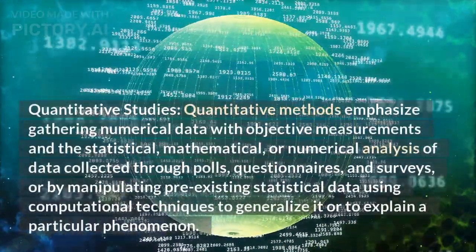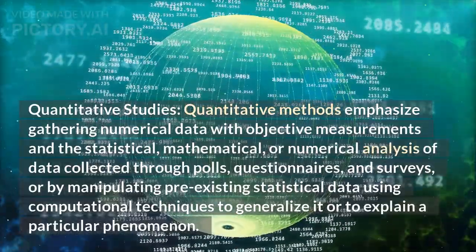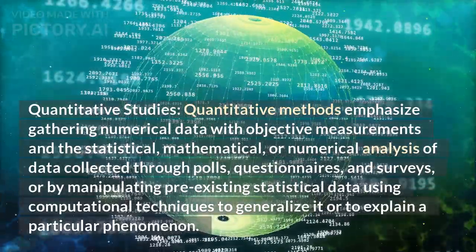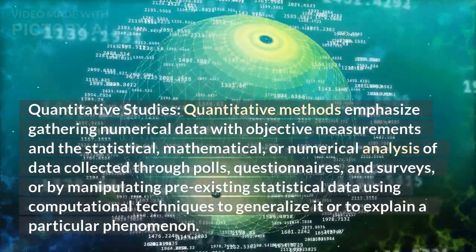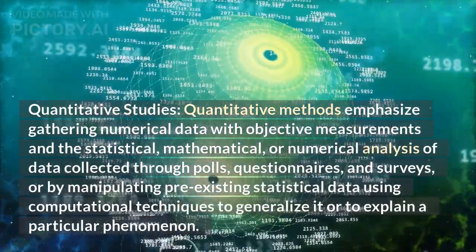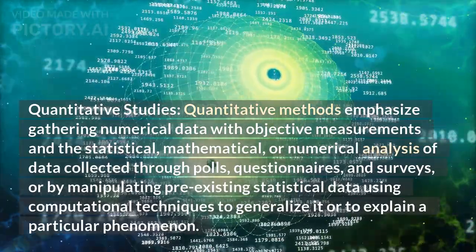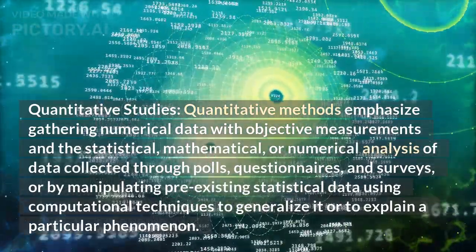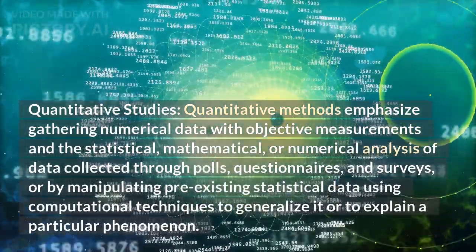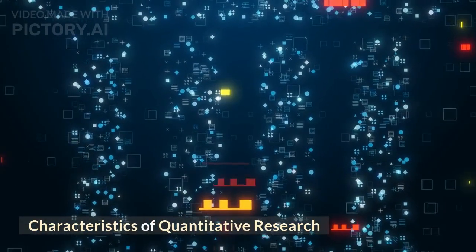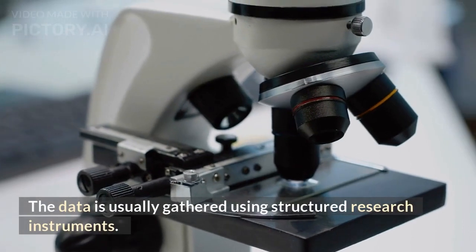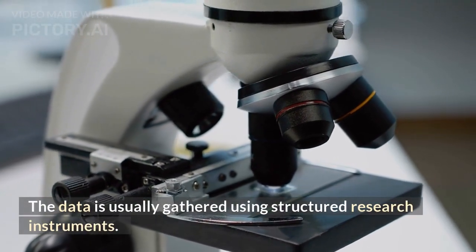Quantitative studies. Quantitative methods emphasize gathering numerical data with objective measurements and the statistical, mathematical, or numerical analysis of data collected through polls, questionnaires, and surveys, or by manipulating pre-existing statistical data using computational techniques to generalize it or to explain a particular phenomenon. Characteristics of quantitative research. The data is usually gathered using structured research instruments.